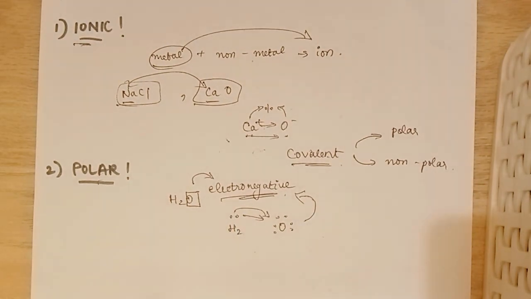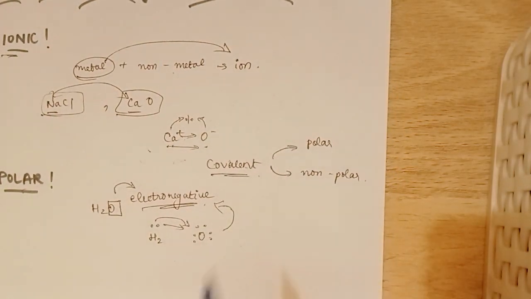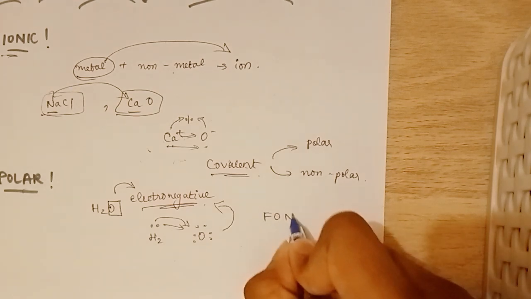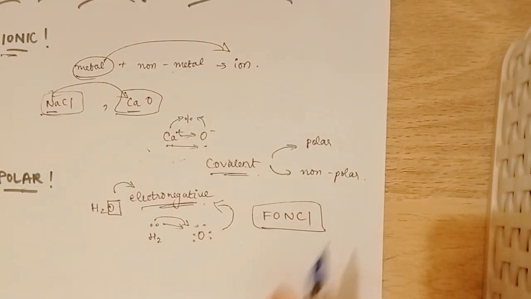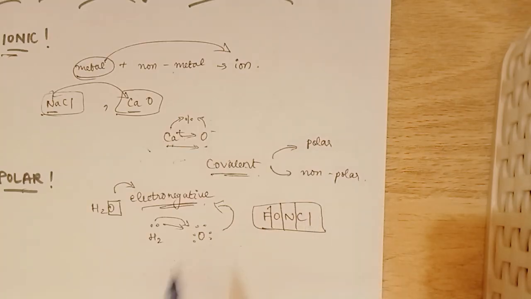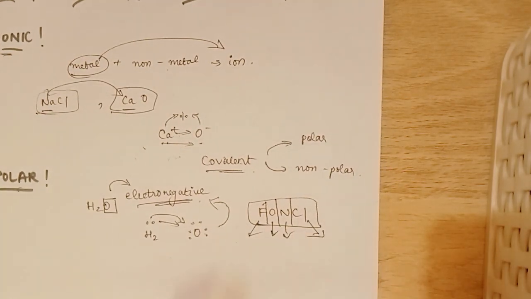almost all polar compounds have these 4 elements in them, or any of these 4. And an easy trick to memorize this is with the abbreviation phone call. Phone call is FONCL. That is fluorine, oxygen, nitrogen, and chlorine.